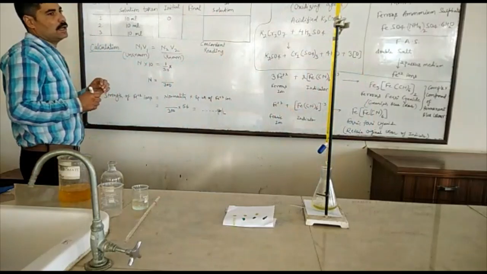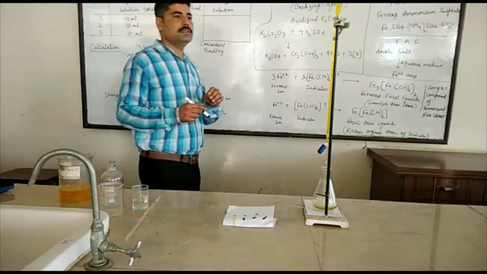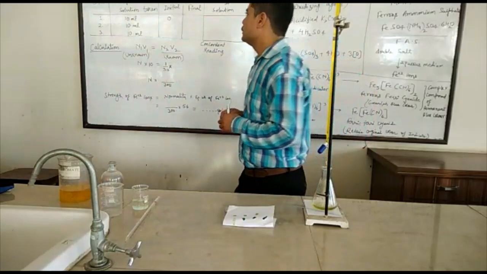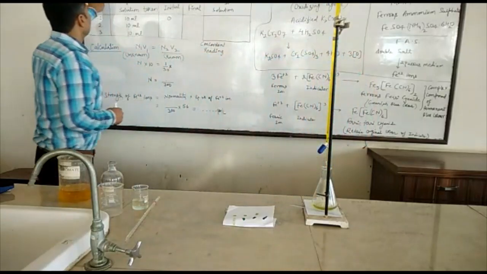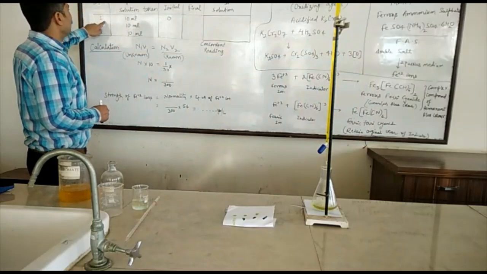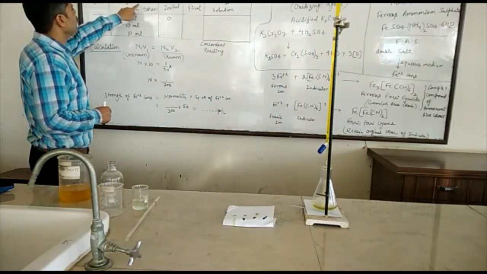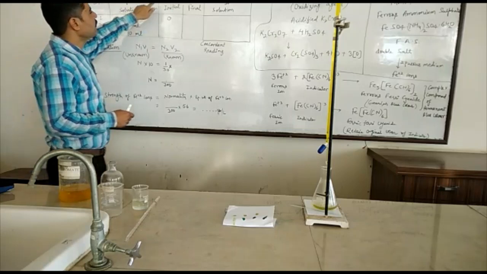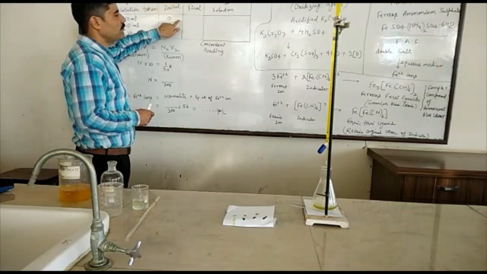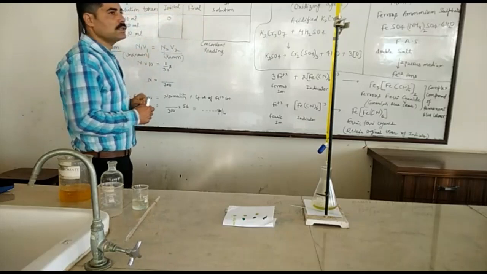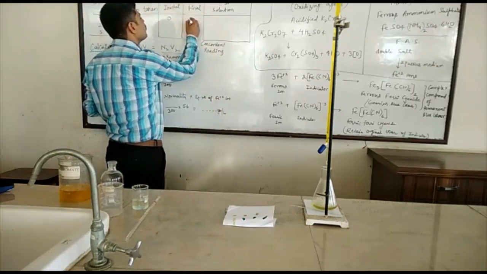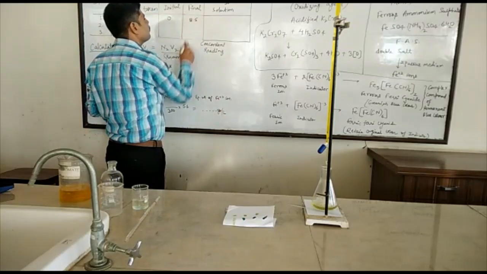So we have to write this reading into the observation table. See, this is the observation table. For the first reading, the volume of sample solution taken is 10 ml, which we took in the conical flask. The initial reading of the burette is 0. The final reading is where the endpoint comes, and that is 8.5.